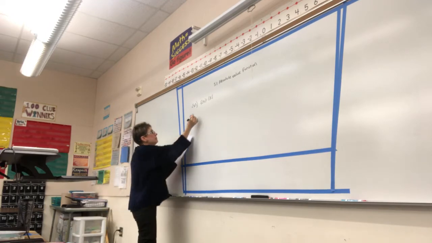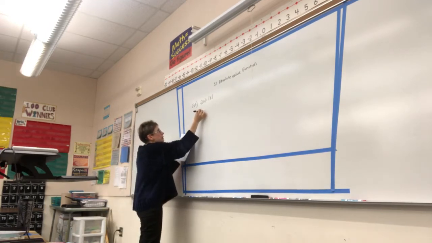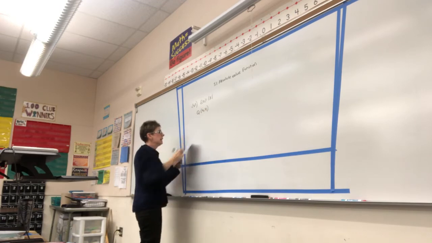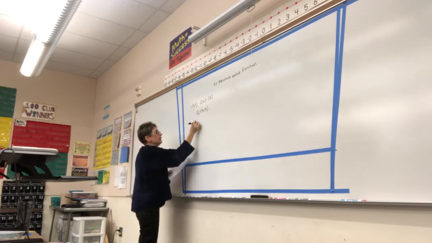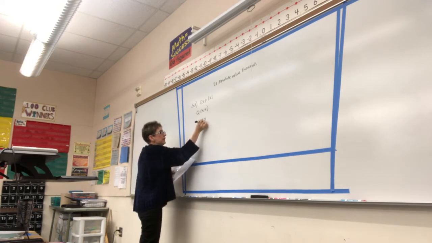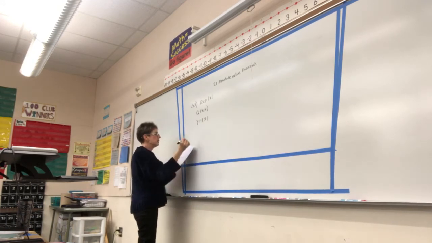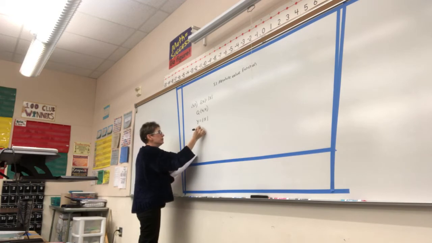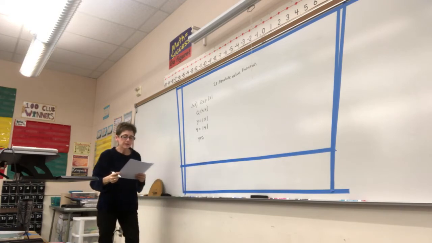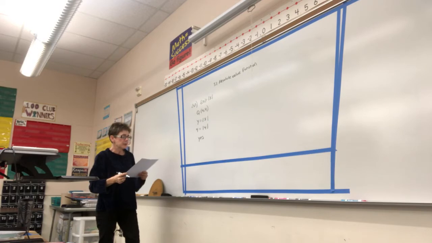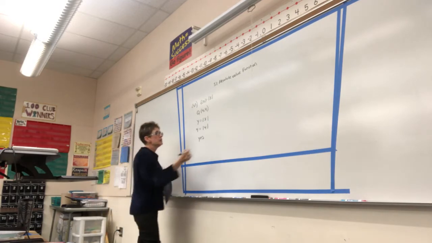So let's look at the point Q, which is at 4, 4. And the question is, is that on the graph? Well, we're looking at y equals the absolute value of x, and so we want to know, is 4 equal to the absolute value of 4? It is. So we can say yes. Then they would like the coordinates of another point with the same y value.